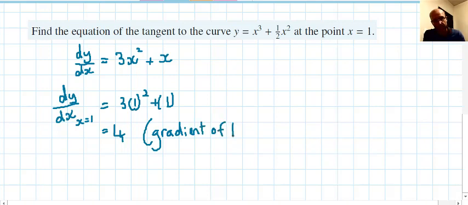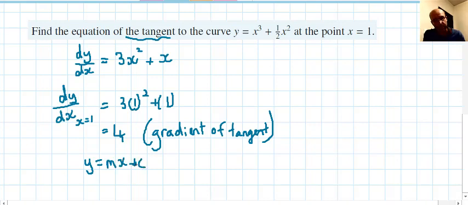So what about the equation of the tangent? Now, important, what sort of line is a tangent? Well, it is a straight line, a linear function of its own type. It's a straight line. So we are looking at y equals mx plus c for our final answer.